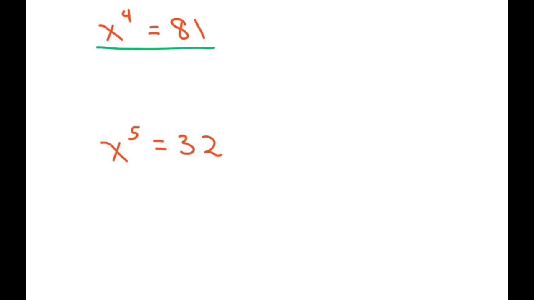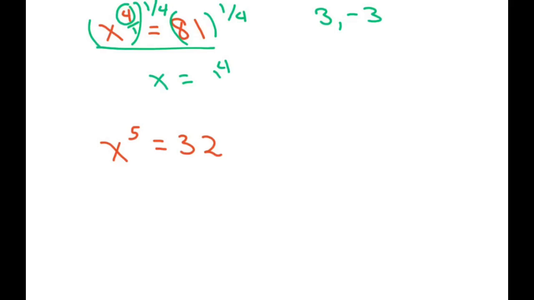If you know your numbers, this is going to be 3 and negative 3. But anyway, if we do it the right way, you would go to the 1/4 power. The n is even, if you write that as 4/1. So you get x equals the 4th root of 81, which is 3 and negative 3.